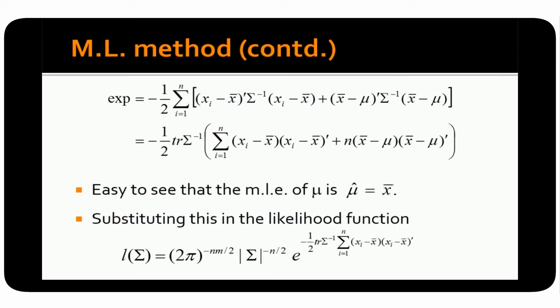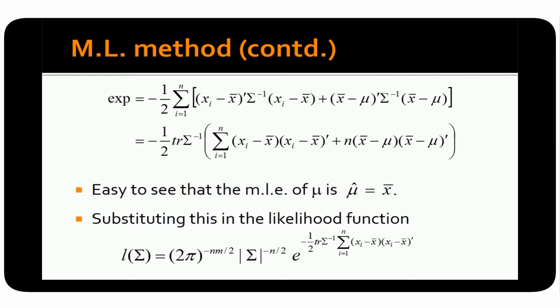And we can break this exponent as minus half summation i equal to 1 to n, x i minus x bar, sigma inverse, x i minus x bar prime, plus n times x bar minus mu, sigma inverse, x bar minus mu prime.